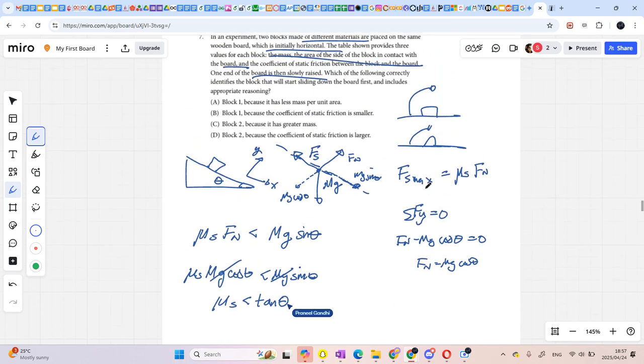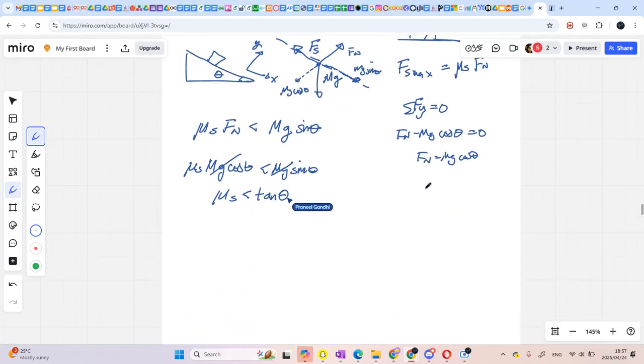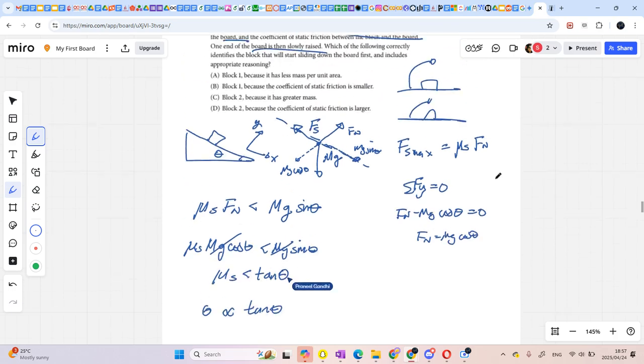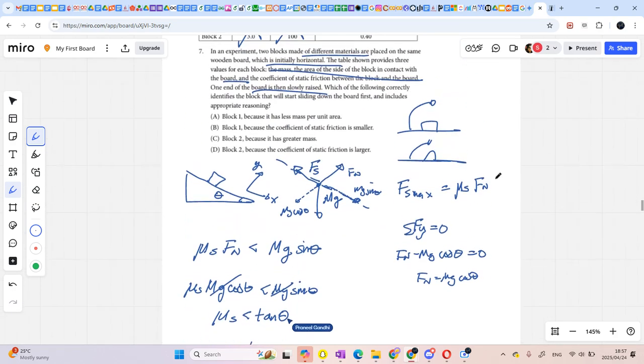So what we're essentially trying to ask is, because tangent of theta, the greater theta is, the greater tangent of theta is going to be, that's our relationship that we will establish. So here we're trying to figure out which one's going to slide down the board first.